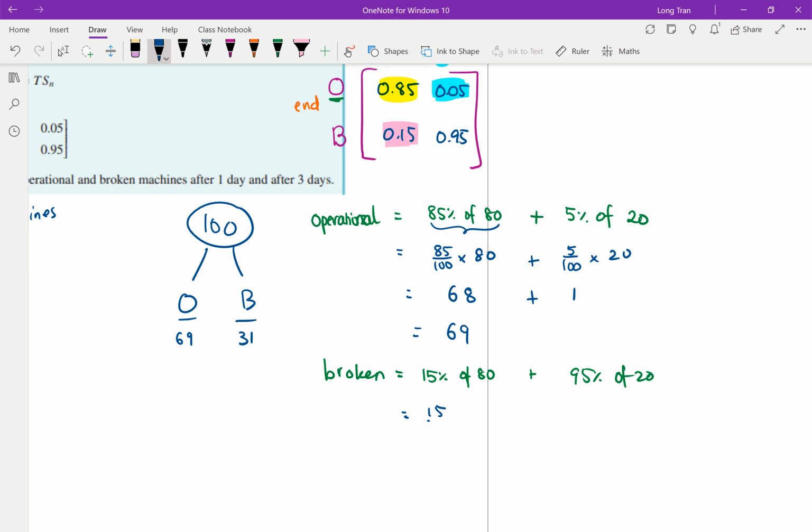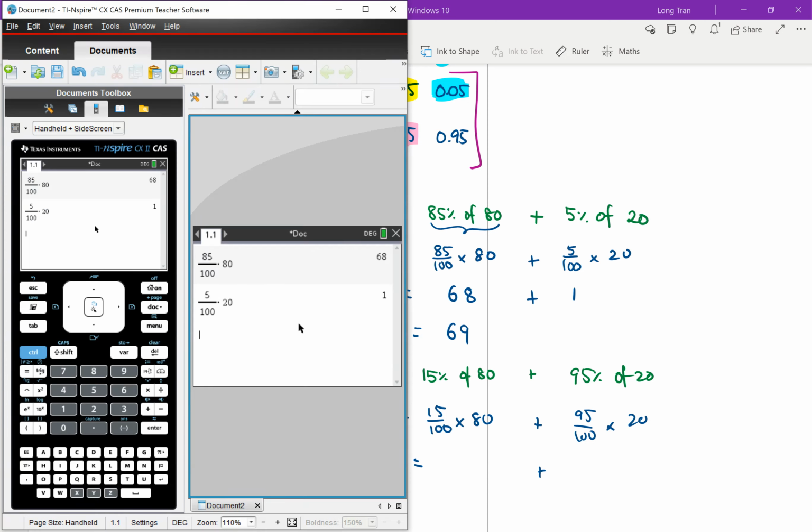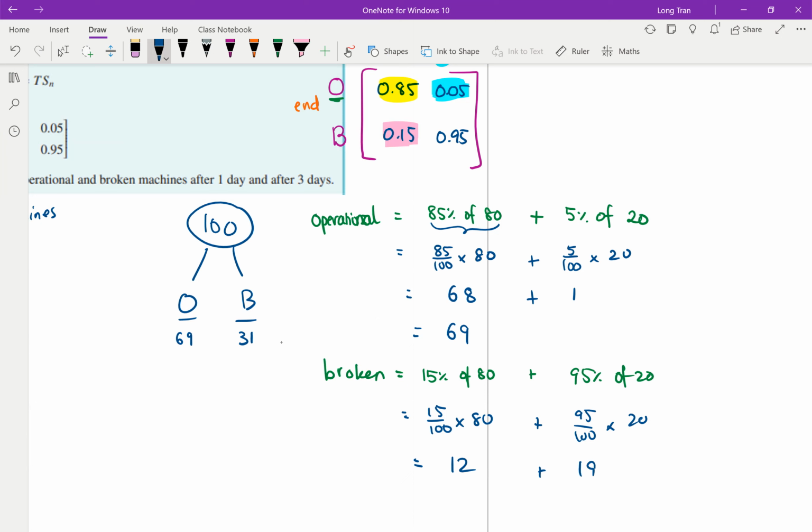It's 15 over 100 times 80, plus 95 over 100 times 20. 15% of 80 is 12, and 95% of 20 is 19. So 12 plus 19 is 31, which is what I calculated before.